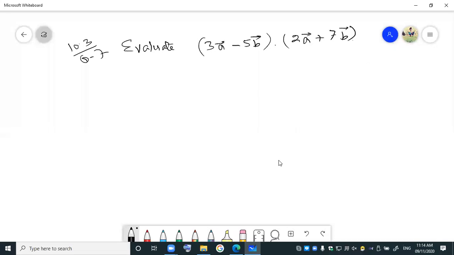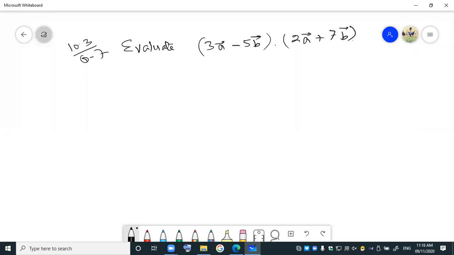Question number 7. So evaluate this value.